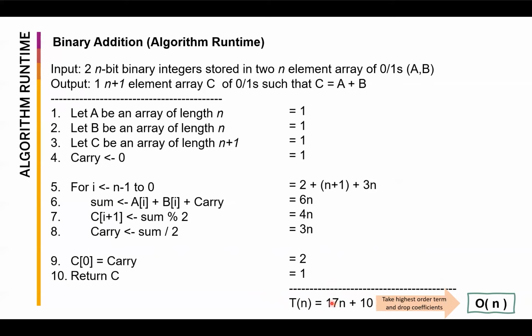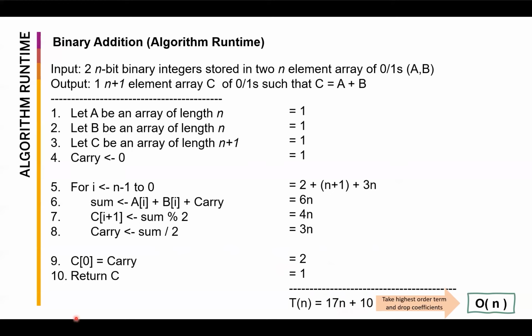Even if you have another algorithm for binary addition and the number of operations would be 5n plus 100, that still falls under the O of n category. Again, we just simply have to look at the term with the highest order, which means the term with the highest exponent.